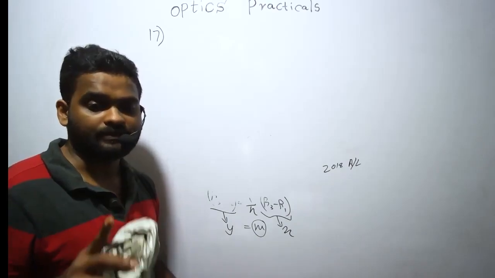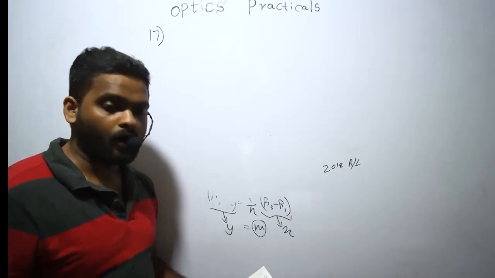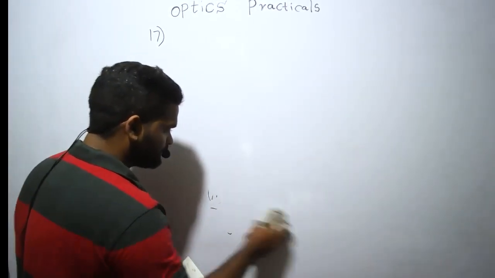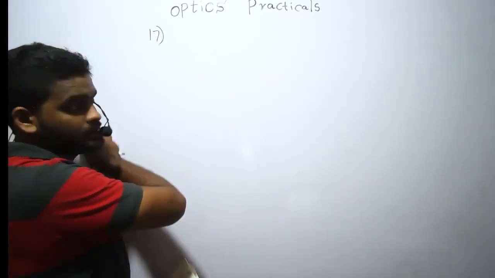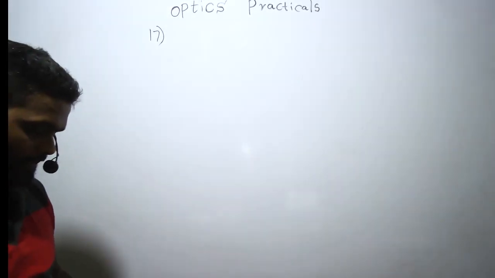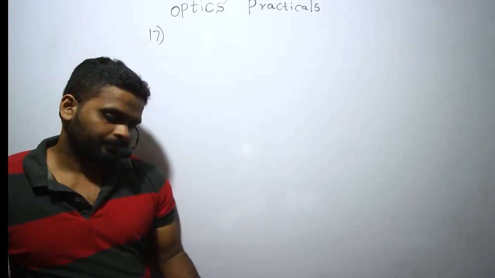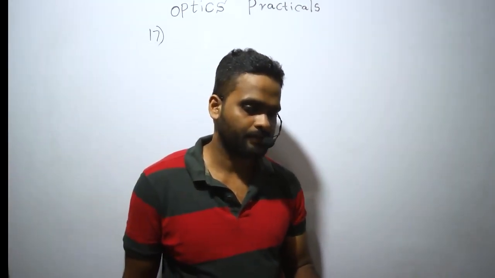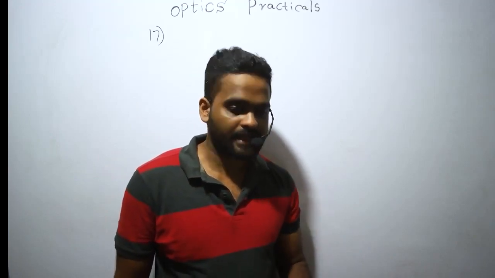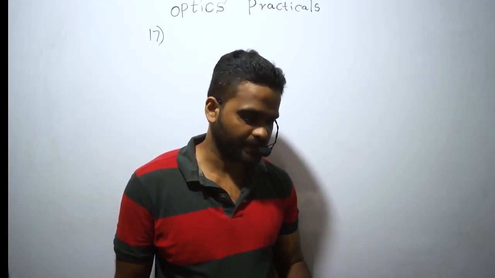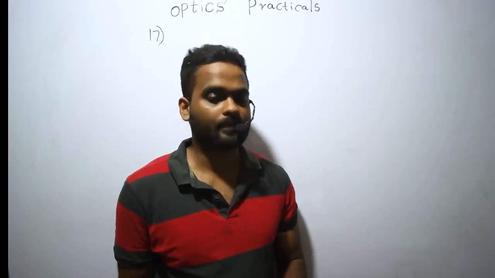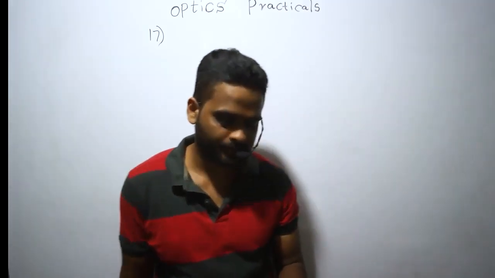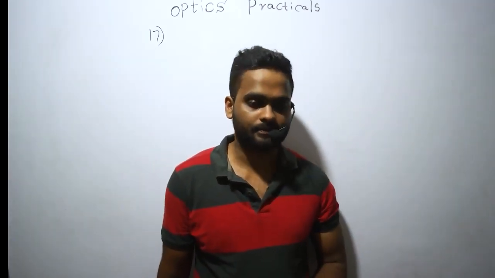Determination of the angle of deviation of a prism, angle of deviation of a prism, by observing the variation of deviation, caused by a prism.